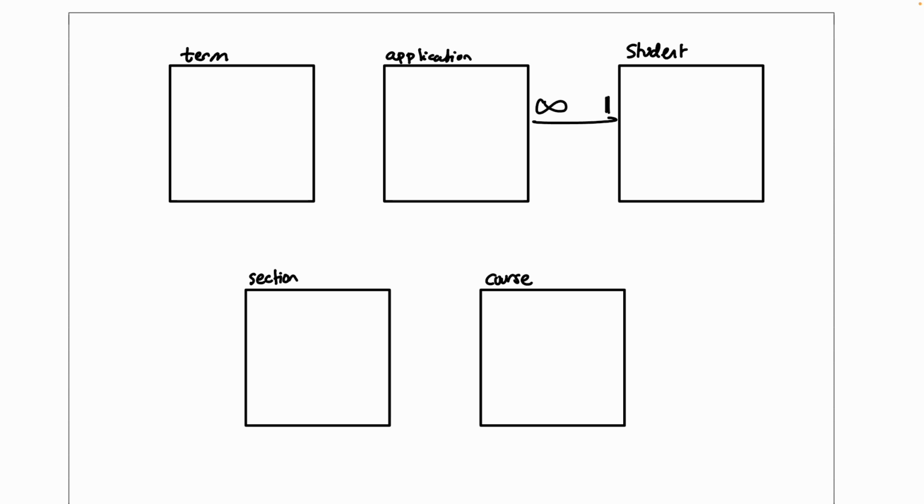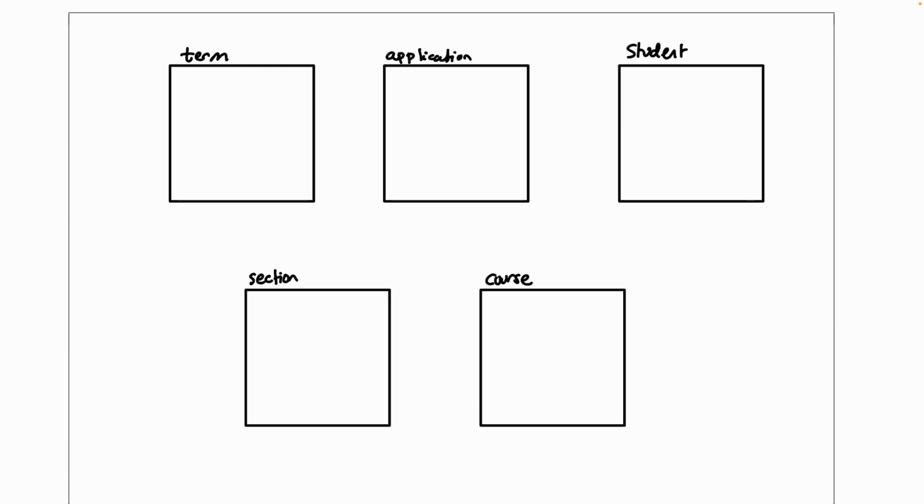I could also say, though, that maybe an application is just one application for the semester, and that has multiple courses. But it is, of course, important to remember that you can apply in multiple terms, right? So, if I apply last semester or this semester, I'd be maybe submitting multiple applications. So I guess here a one-to-many makes a lot of sense.